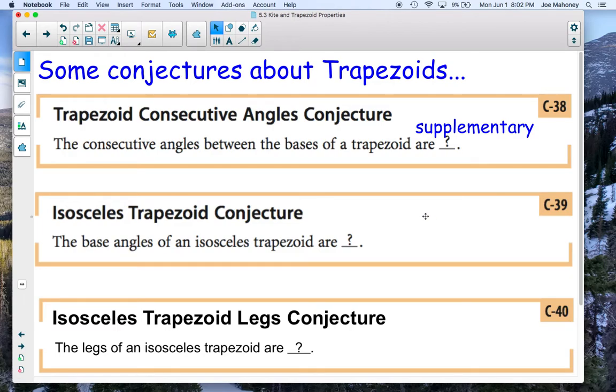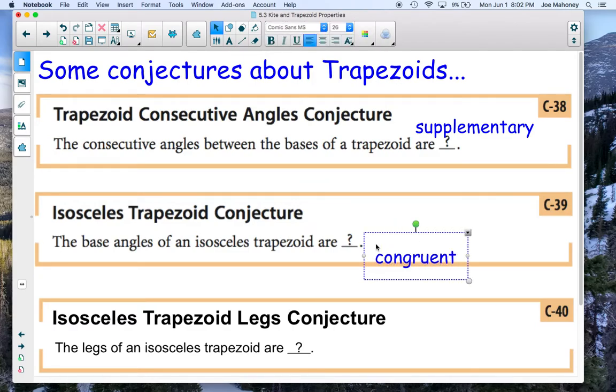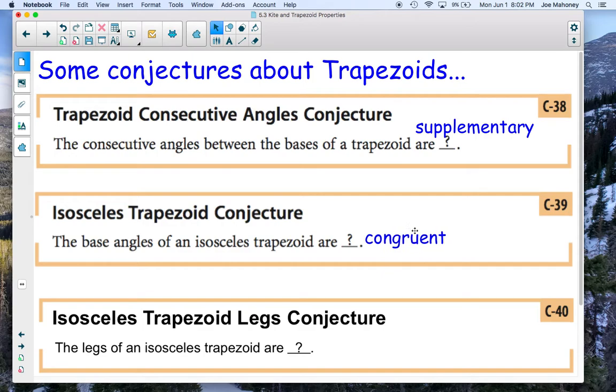The second one is the isosceles trapezoid conjecture, that if you're given a trapezoid that's isosceles, if you know its diagonals are congruent, then its base angles are also congruent. Awesome sauce. And if the trapezoid is isosceles, then its legs are also congruent. So 3 good conjectures about trapezoids.